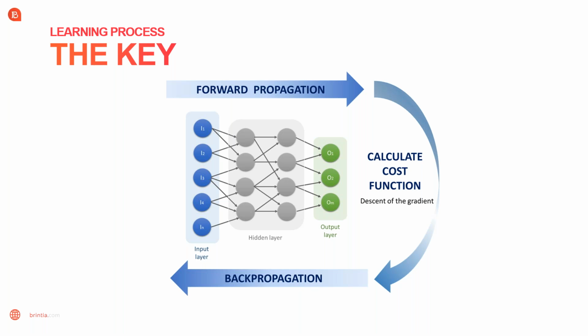Second, calculate the cost function. Calculate the difference between the estimated value and the real one. And finally, backpropagation. Recalculate the weights of all the neurons.